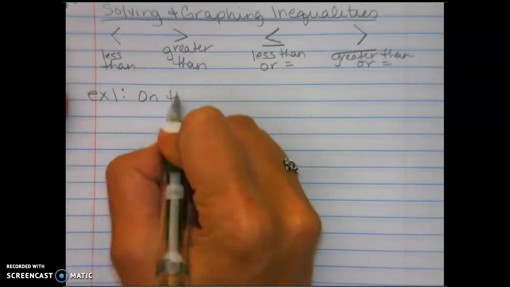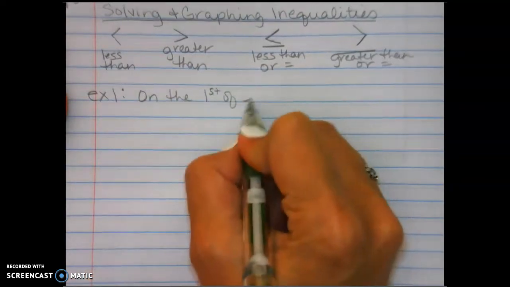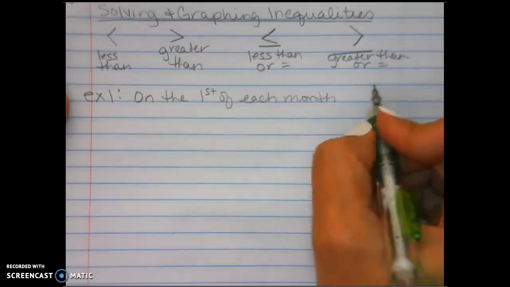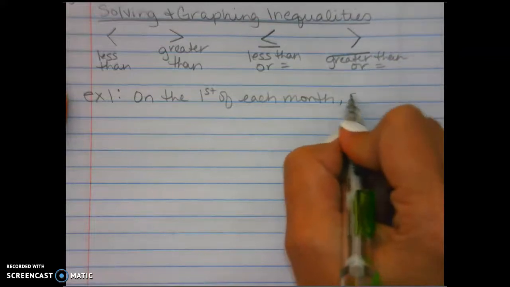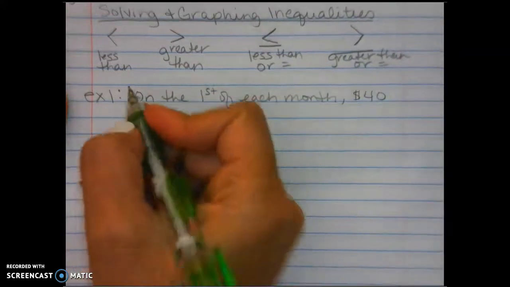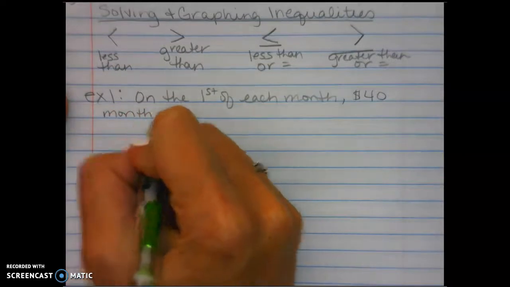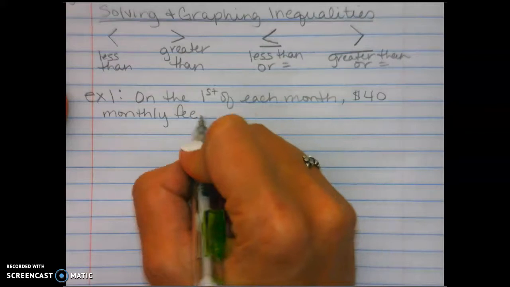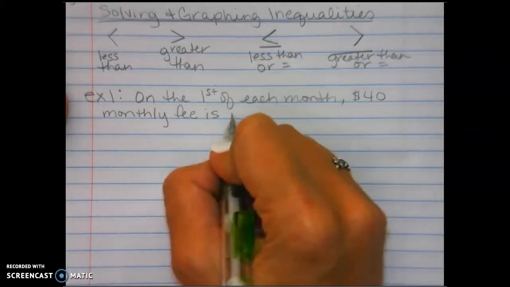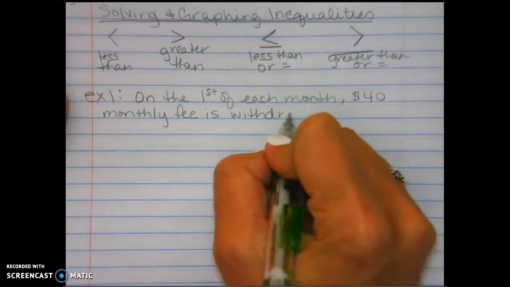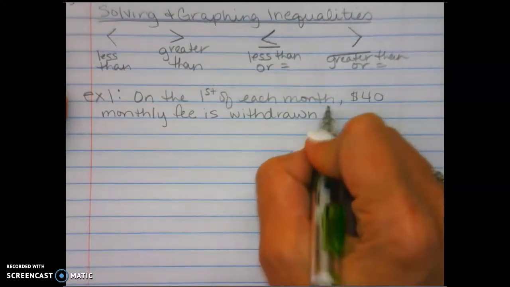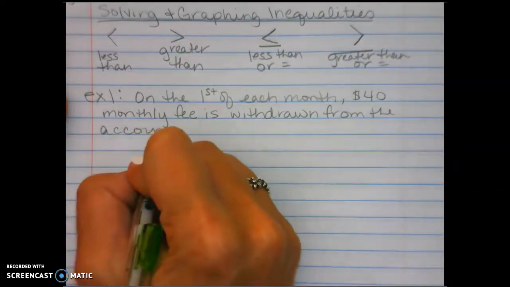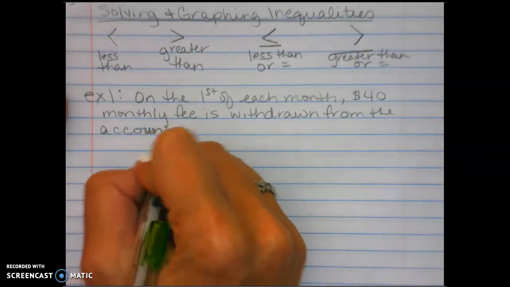On the first of each month, $40 monthly fee for guitar lessons is withdrawn from Carrie's account that her grandmother set up.